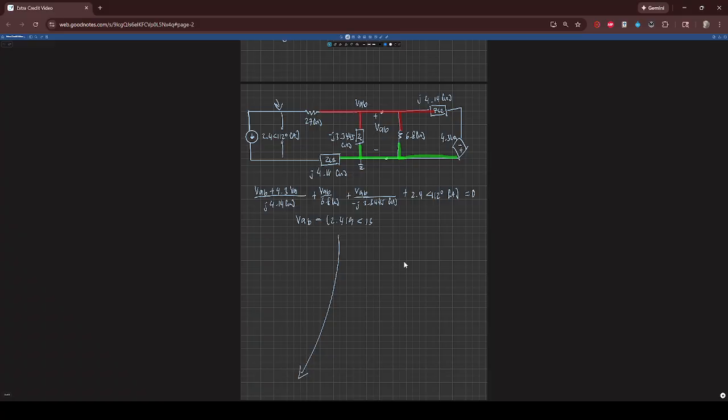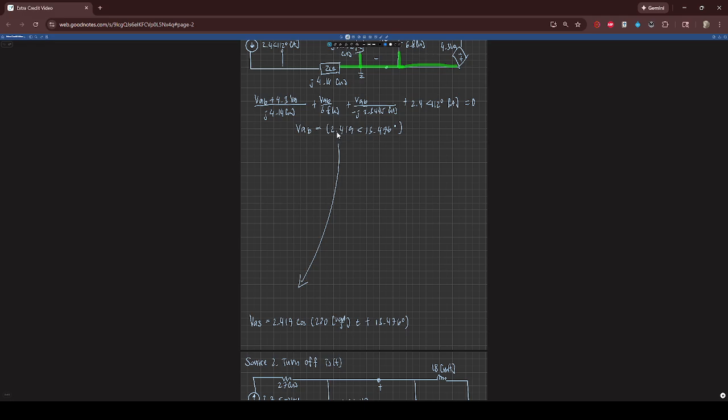So if you want to convert into time domain, always make sure it's in polar form first, and then you can take the voltage right here and the angle and insert them right here. And remember, you need to use your frequency as well. So that's the time domain for VAB.